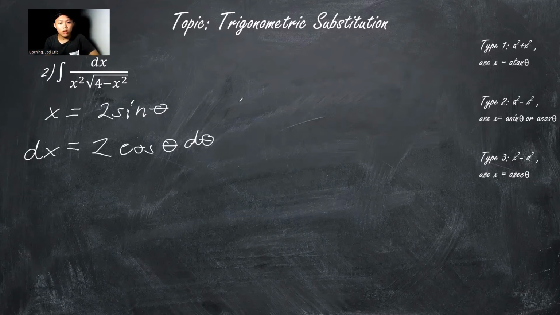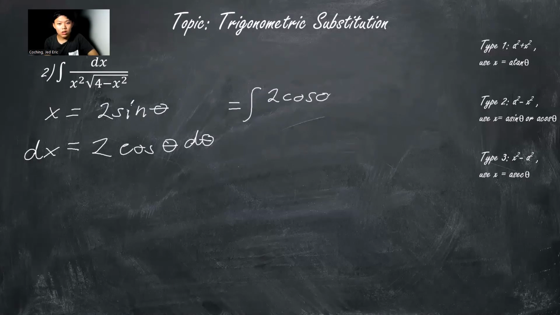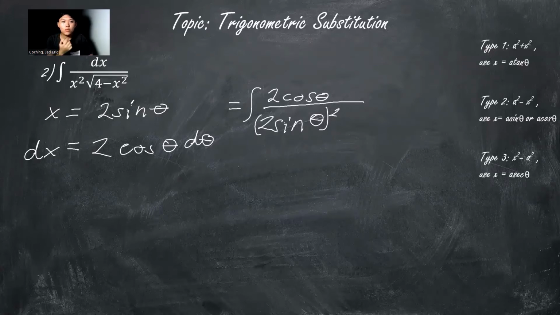So that's going to be equal to 2 cos theta divided by 2 sine theta, squared. But first, let's make a triangle.